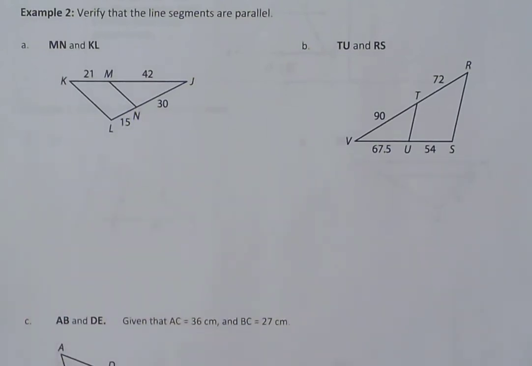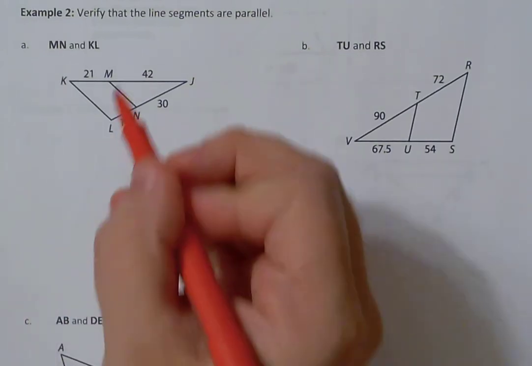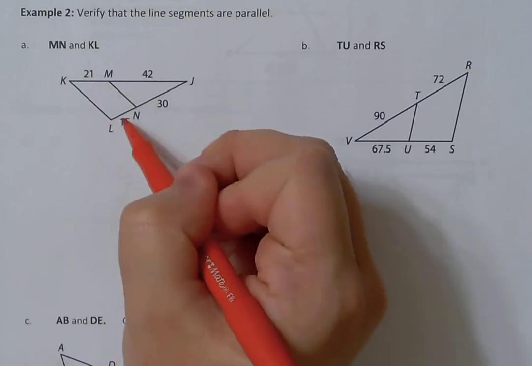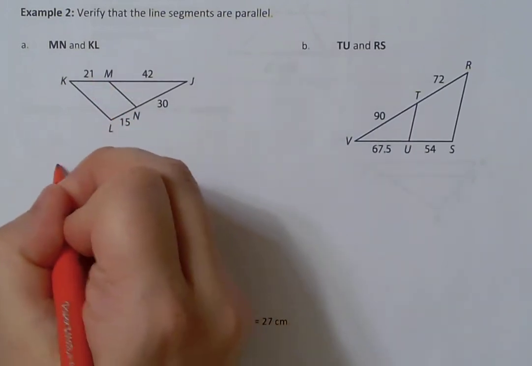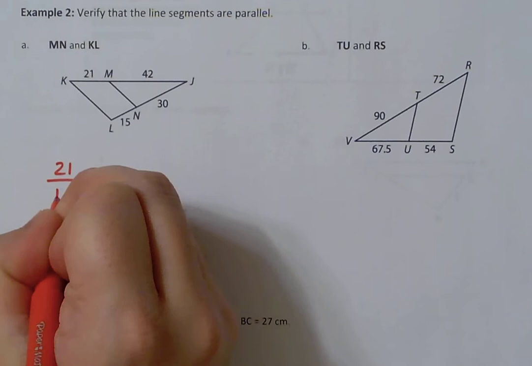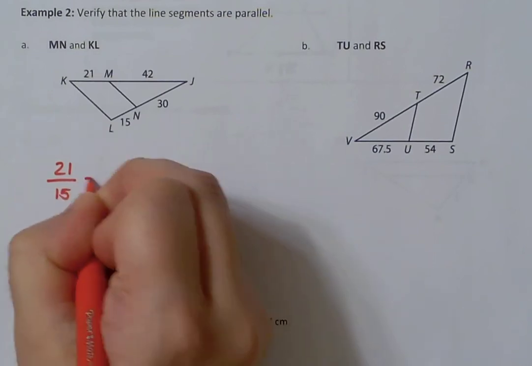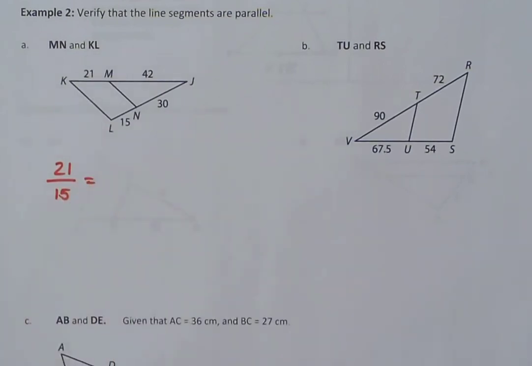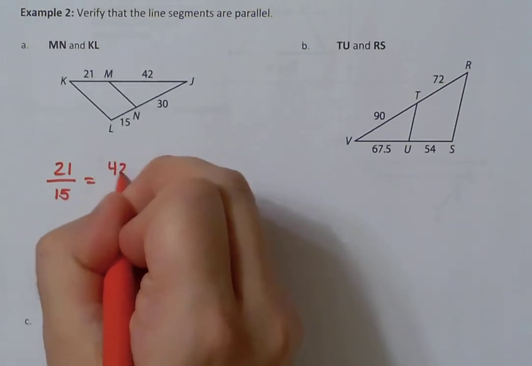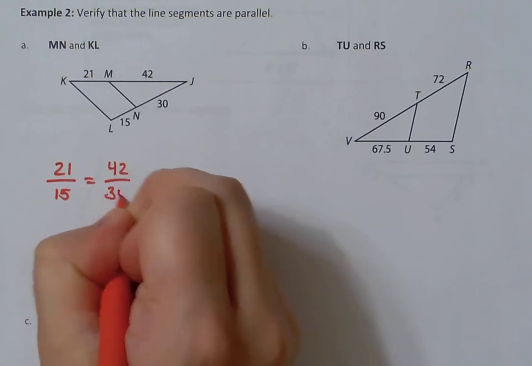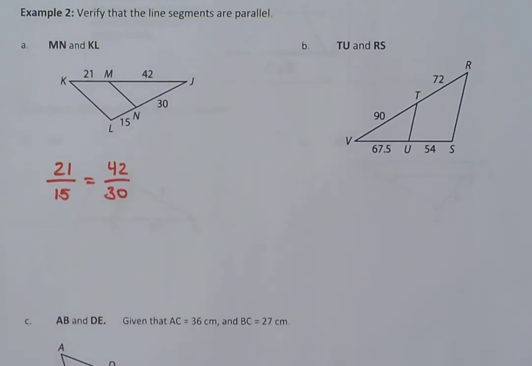For part A, we're going to set up KM over LN, so 21 over 15, and that's going to be equal to MJ over NJ, which is 42 over 30. Now, two ways we can do this.